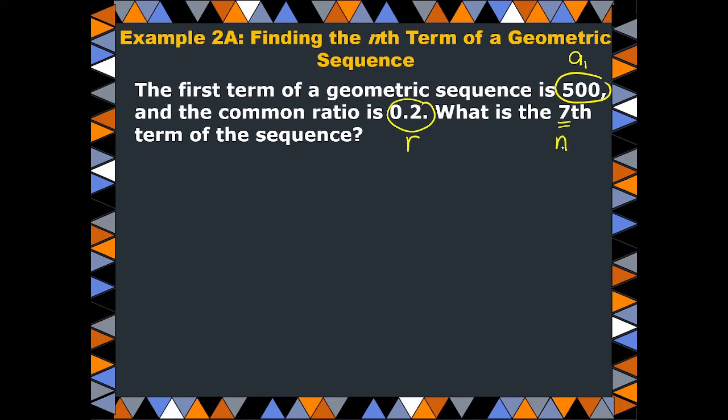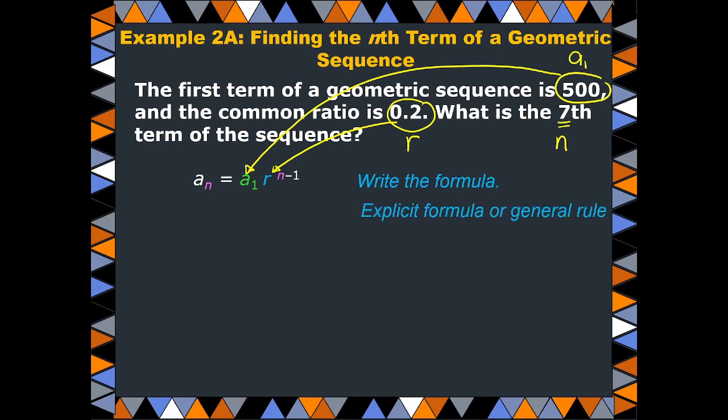Okay? So, using the formula, I will be substituting 500 over the first term and 0.2 over r to get the explicit formula. So this becomes 500, which is our first term, times r, which is 0.2. Now, we are solving for the nth term.